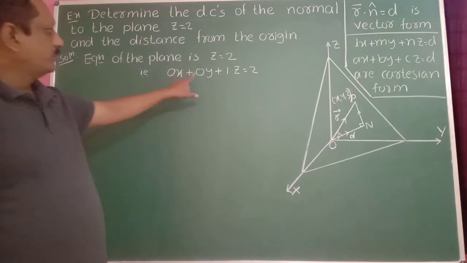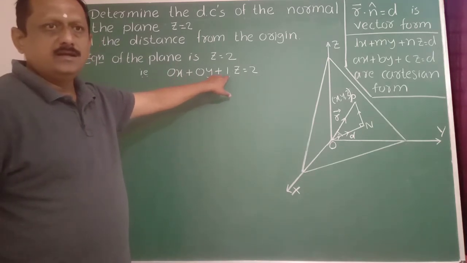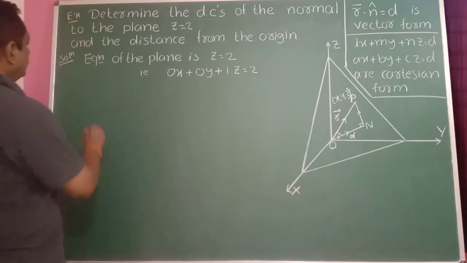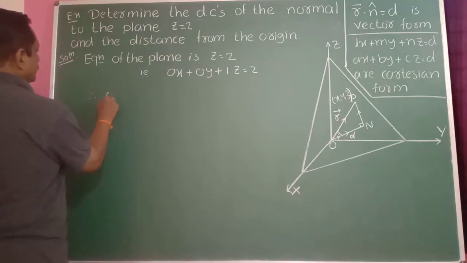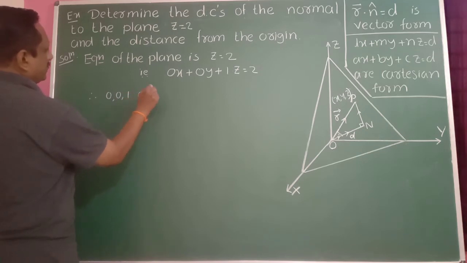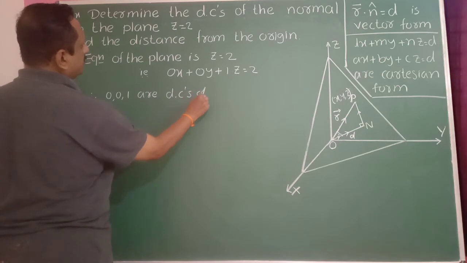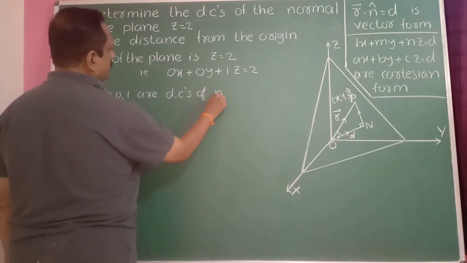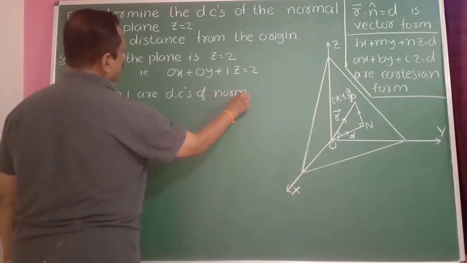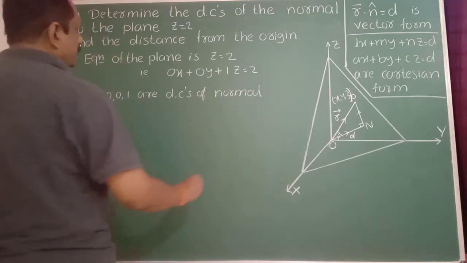Yes, 0, 0, 1 are the direction cosines here. Therefore, 0, 0, 1 are direction cosines of the normal to the plane.